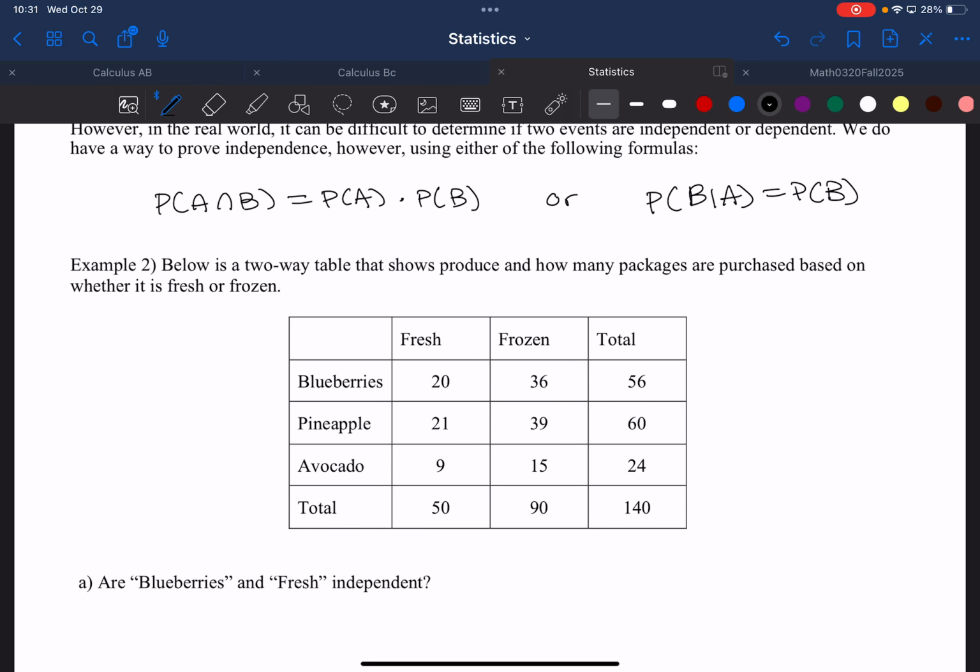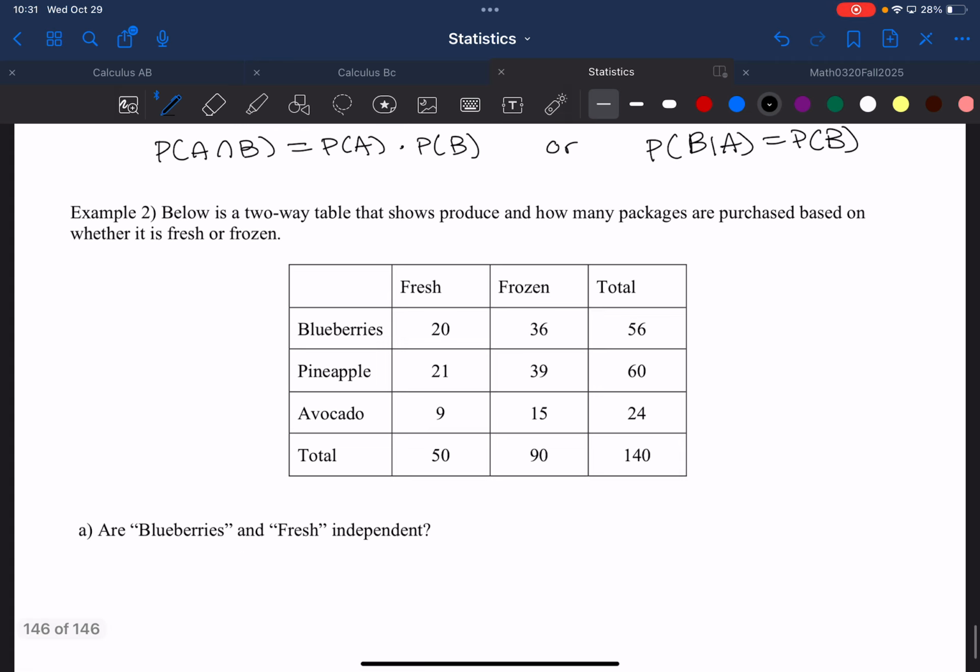So it says below is a two-way table that shows produce and how many packages are purchased based on whether it's fresh or frozen. So A says, are blueberries and fresh independent? Okay, well, in order to prove that, let's go ahead and try the first formula.